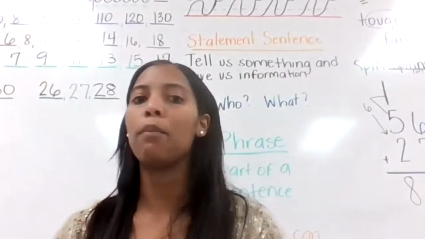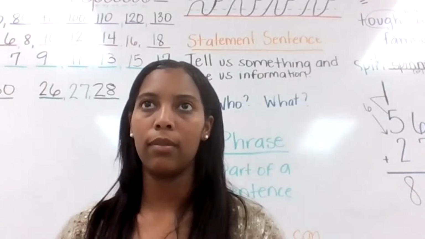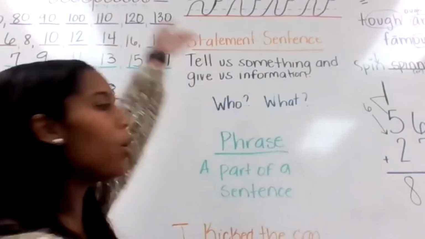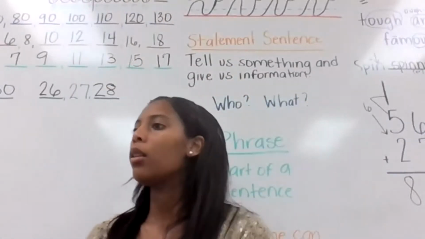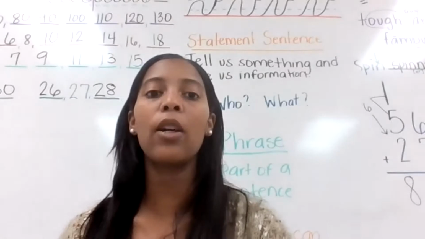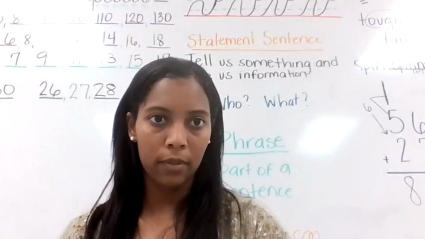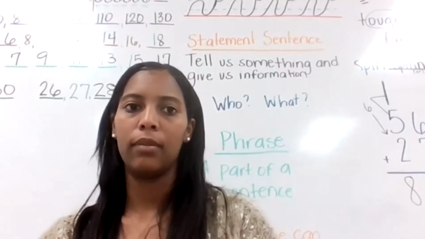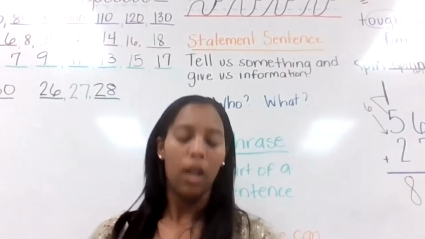Anyone else is ready? I'm ready. Okay, go ahead. I love God. Good statement. Who? I. What about you? Love God. That's a statement. Anyone else before we move on to the next? Okay, Joshua. I and my mom went to Disneyland.